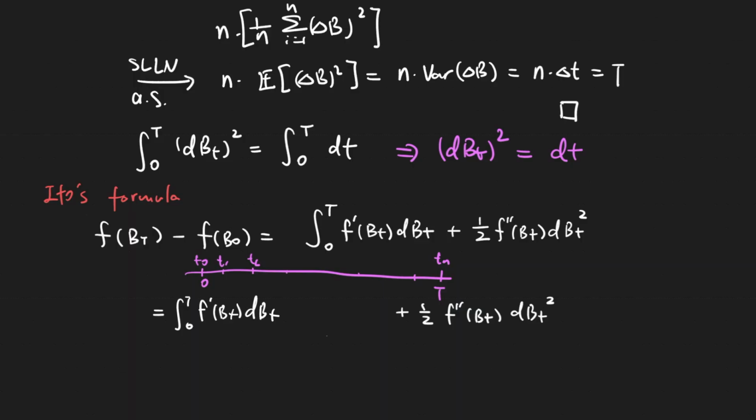Then we'll put the sum in here, that goes from t_i to t_{i+1}.